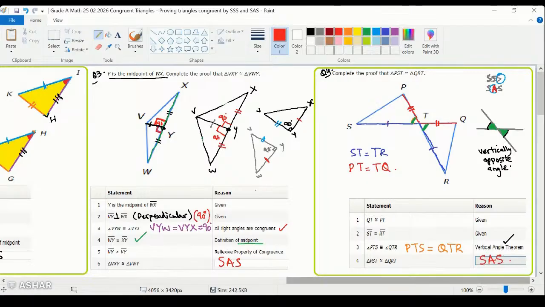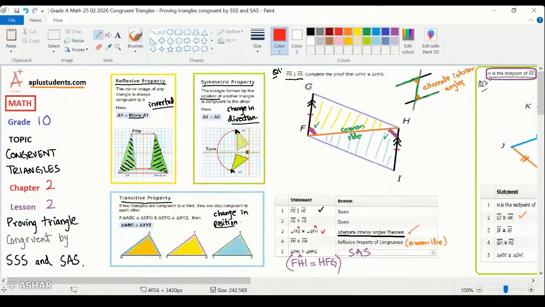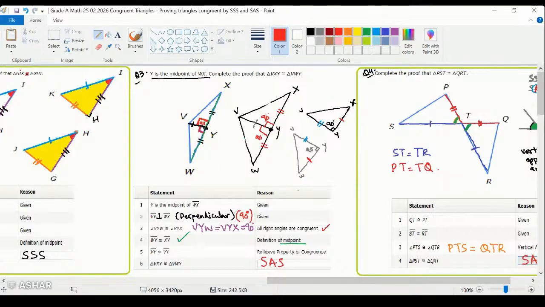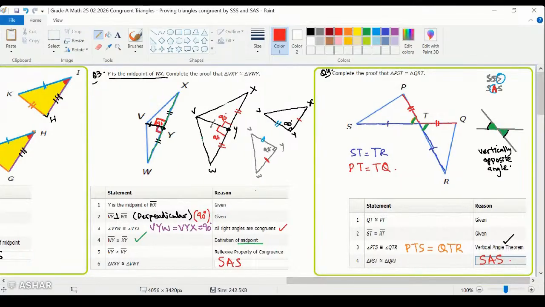And which property is this? Once we look, this is a reflexive property, right? They are a mirror image of each other. So we would say this is the reflexive property of congruency, because they both are mirror images of each other.